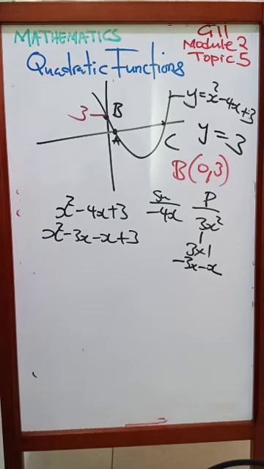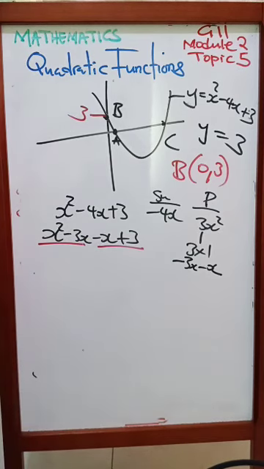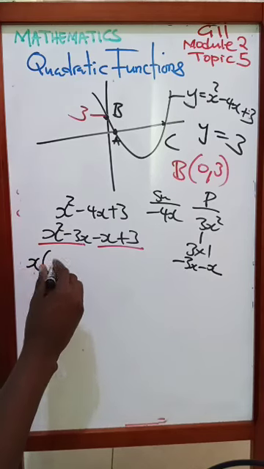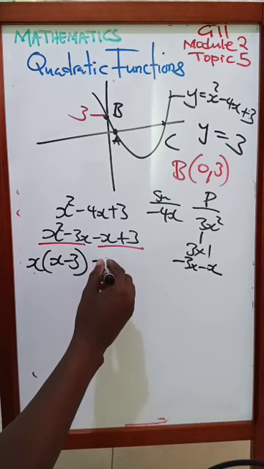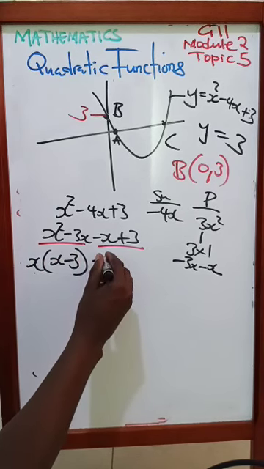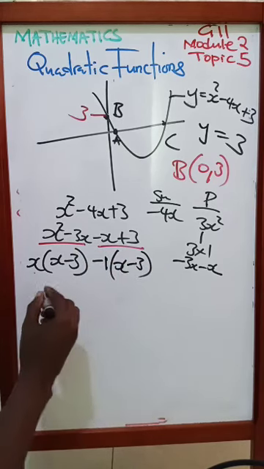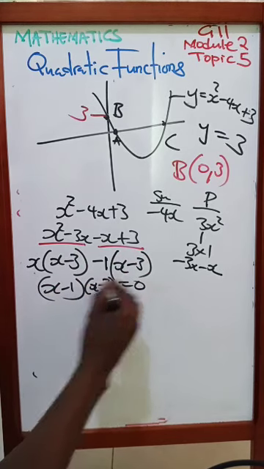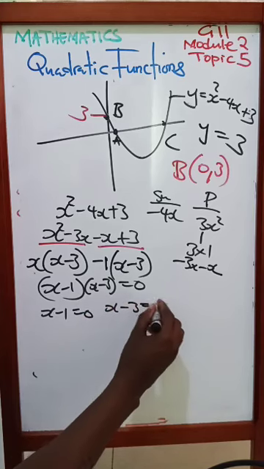At this point we need to factorize the given function separately. It will be x, open brackets, x minus 3, closed, minus 1, open brackets, x minus 3. Then we have (x minus 1)(x minus 3) equal to 0. So x minus 1 is equal to 0, and x minus 3 is equal to 0.